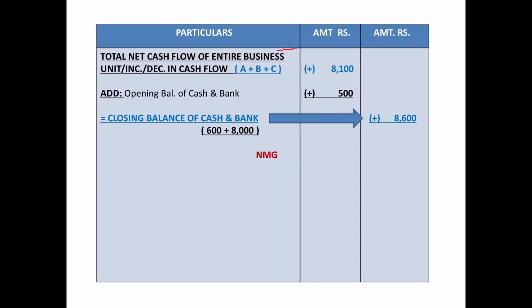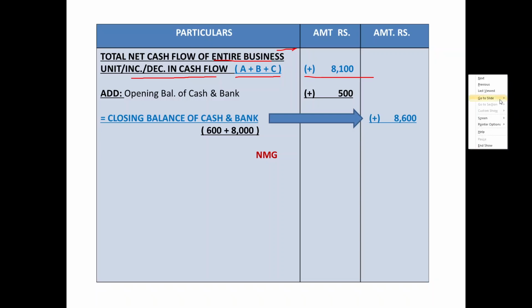Total net cash flow of the entire business, or you may say increase or decrease in cash flow. How to decide it? A plus B plus C gives the answer plus 8,100. Let us add the opening balance of cash and bank.